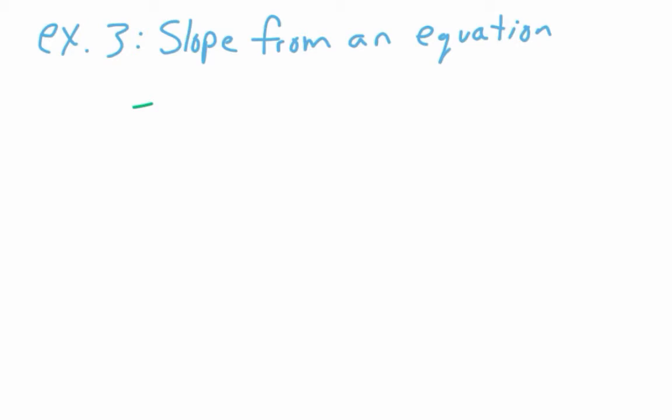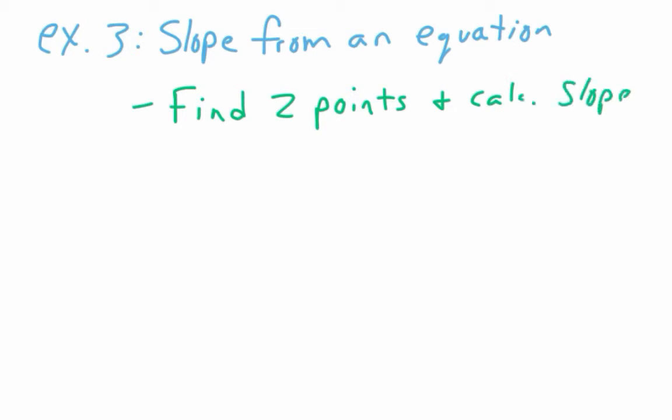So if you have an equation, just find 2 points, and then get the slope from those 2 points. So I'm going to say find 2 points and calculate slope with the equation.